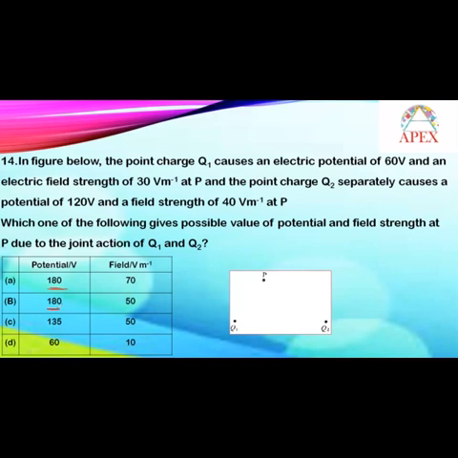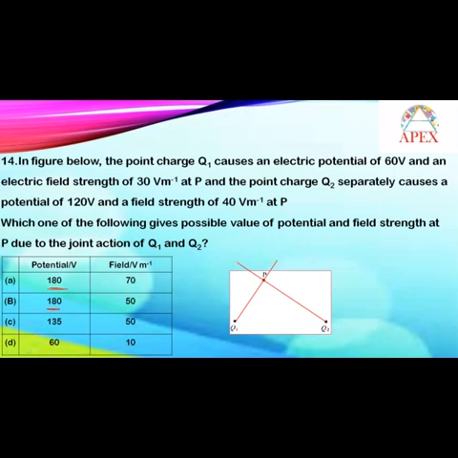So there is only one possibility, the potential of 180 volts. And when it comes to electric field intensities, of course, electric field intensity is a vector quantity. If I consider the electric field intensity due to the first charge Q1, it will be along this direction, and the electric field intensity due to the second one will be in this particular direction.